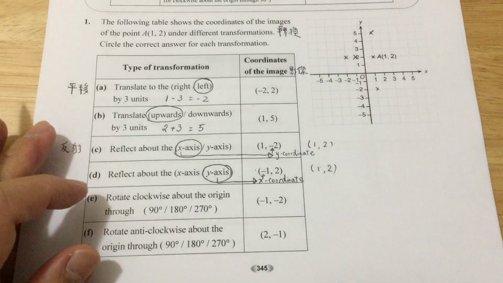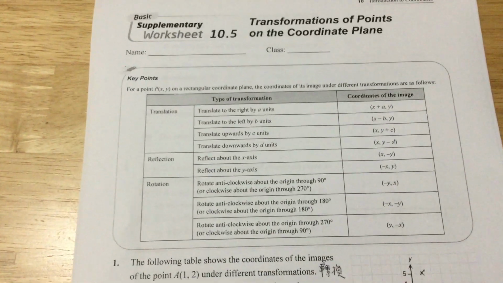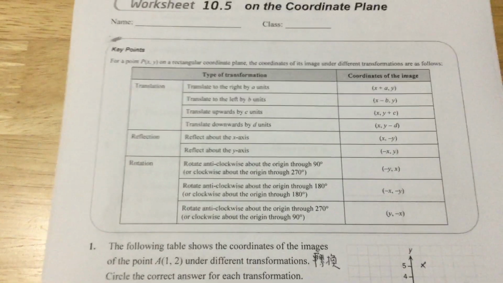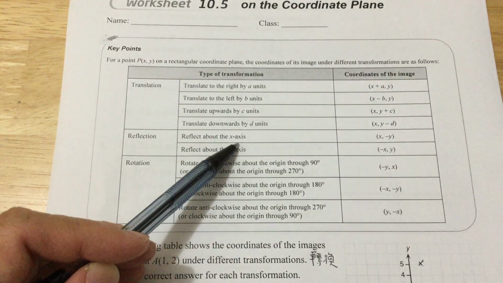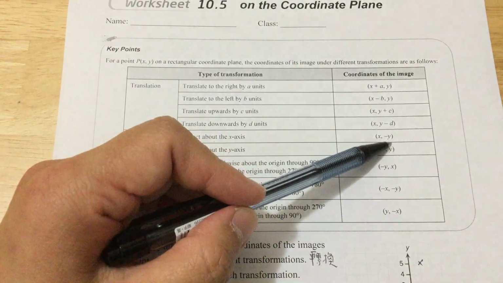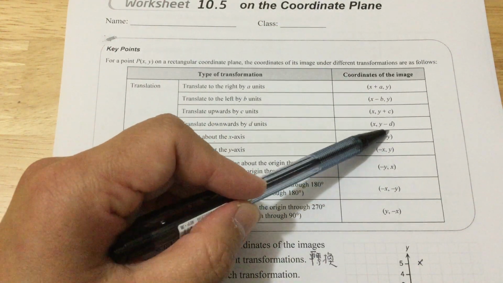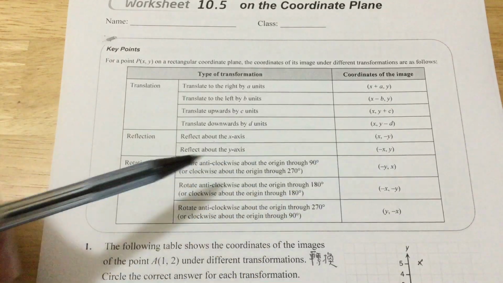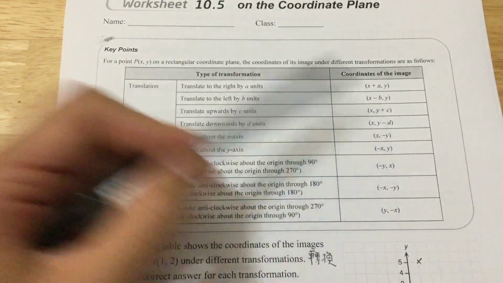So that means we have a formula like this for reflection. If you reflect about the x-axis, you will see a negative y here. That means there is a negative sign for the y coordinate.